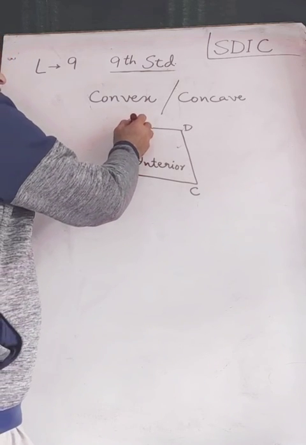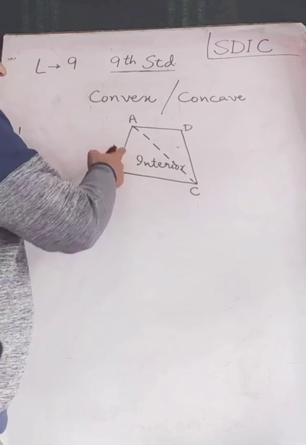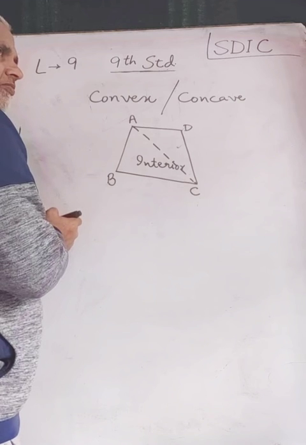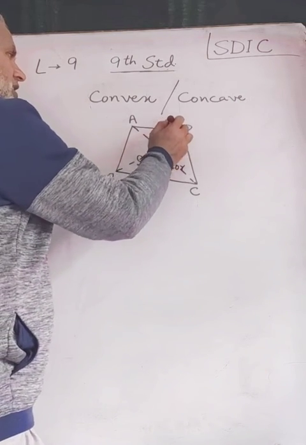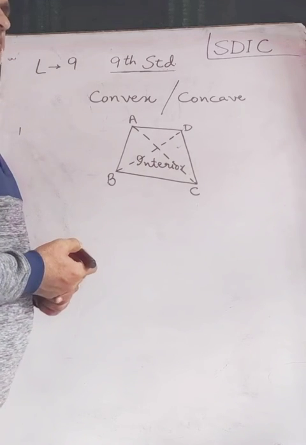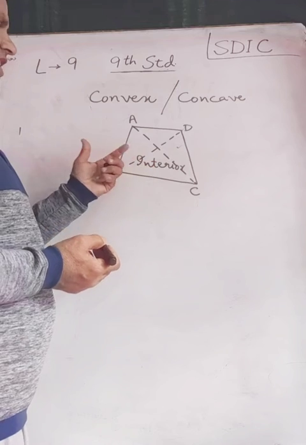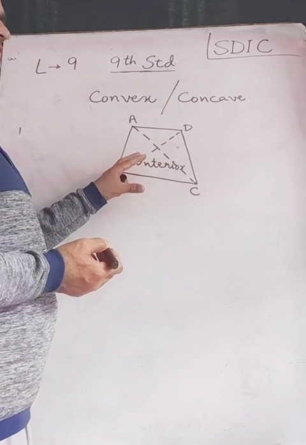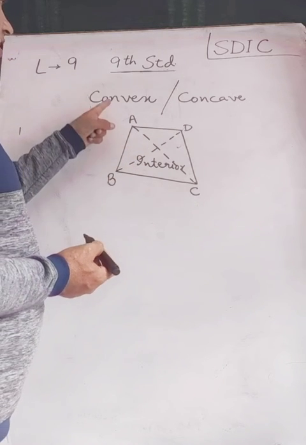Now, as we join the 2 diagonals, this is the first diagonal. Look at this, it completely lies in the interior part of the quadrilateral. The second diagonal we draw also lies completely in the interior. No part of the 2 diagonals lies in the exterior part. Both diagonals lie in the interior. Therefore, this quadrilateral is called a convex quadrilateral.